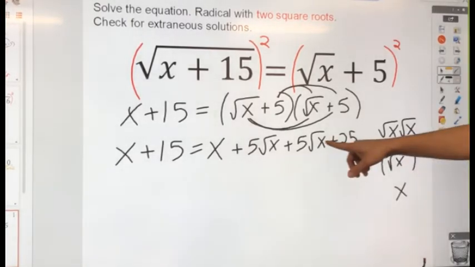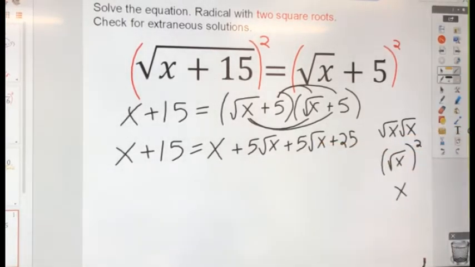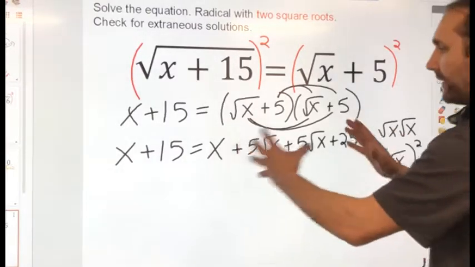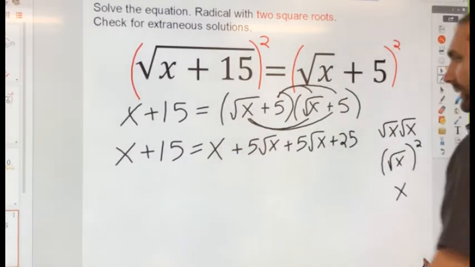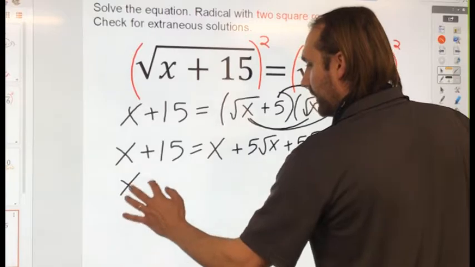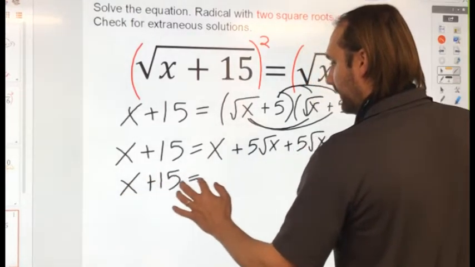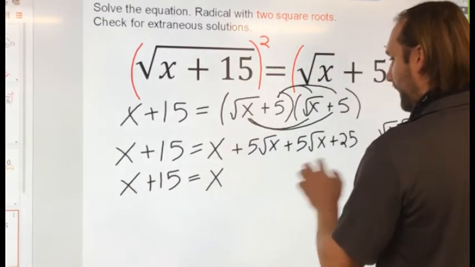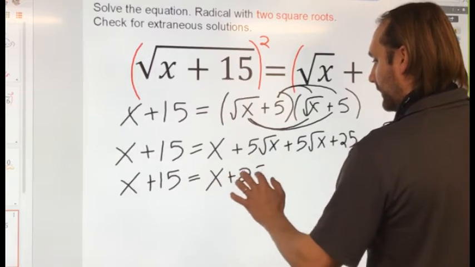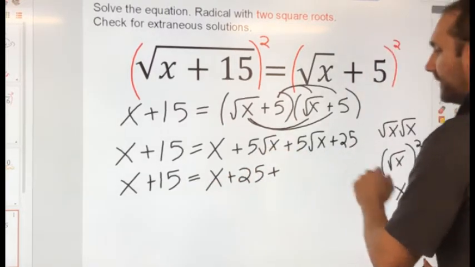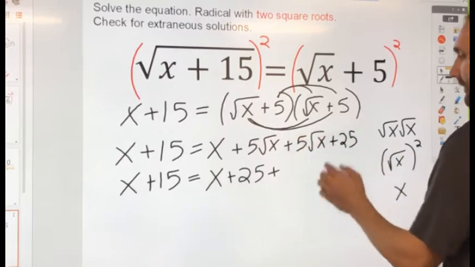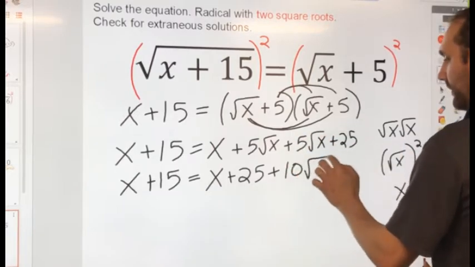I still have another I need to deal with. But let's first combine like terms, group this together, so that we can decide what to do next. So x plus 5 equals x. I'll move this 25 over, and I'm going to add my radicals together. 5 square roots of x plus 5 square roots of x gives me 10 square roots of x.